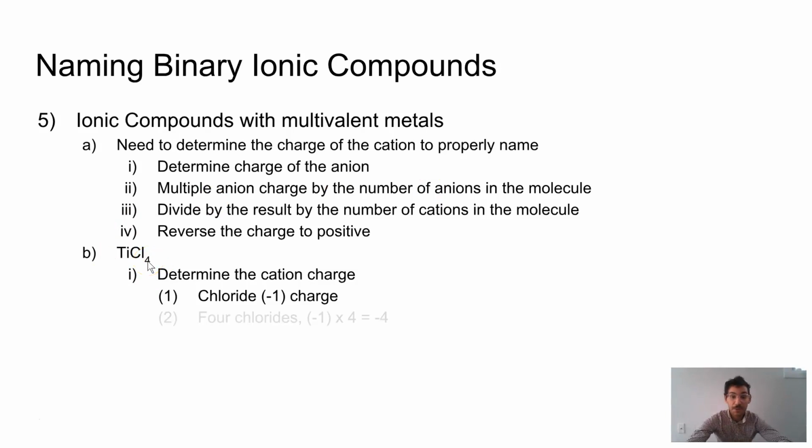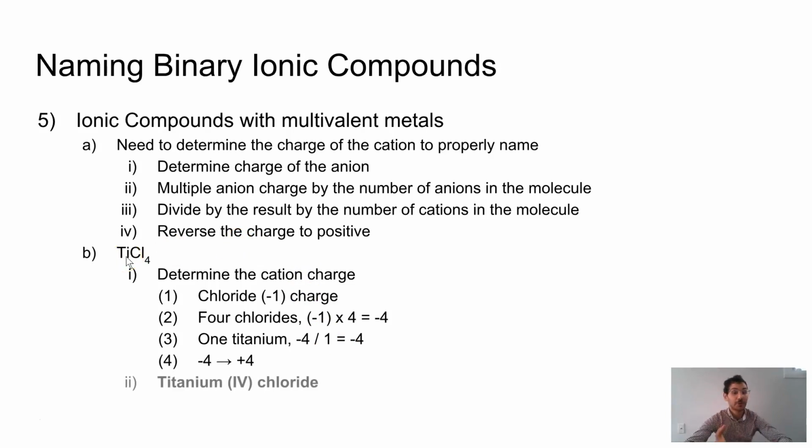So there's 4 chlorines, so I'll do 4 times -1. And I'll divide that by how many of the cation are in the formula unit. So titanium, there's only 1, so I'll do my -4 divided by 1. Still gives me -4. And then I'll reverse the charge to make it positive, so that -4 becomes a +4. I now know that this titanium has a +4 charge, and I can call it titanium(IV) chloride, because I know it is titanium with a +4 charge.